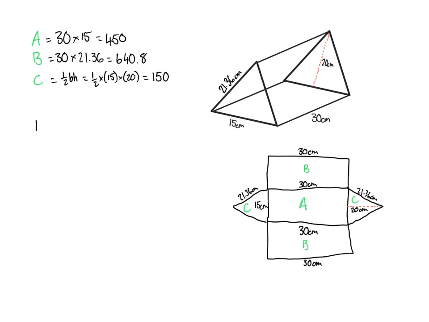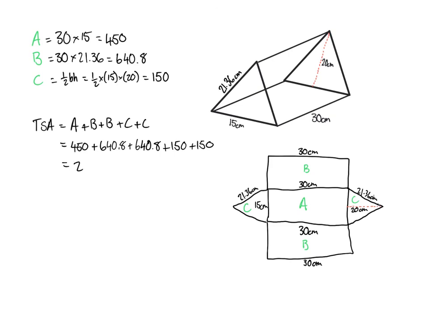So if I want to work out the total surface area of this particular triangular prism, now I need to add up all of the faces. So I have one A piece, I have two pieces labelled B, and I have two pieces labelled C. So that looks like 450 plus 640.8 plus 640.8 plus 150 plus 150, which gives us a grand total of 2,031.6.